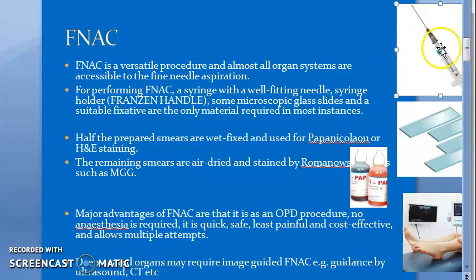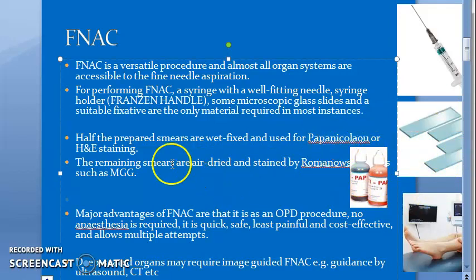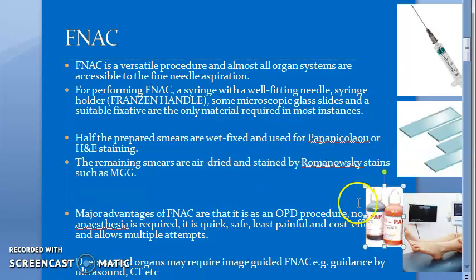Once they retrieve these cells, they will put them onto these slides. Some slides use stains like PAP stain and H&E stain, that is Papanicolaou stain and H&E stain. The other slides are air dried, and they are stained with Romanowsky stains, like MGG stain.